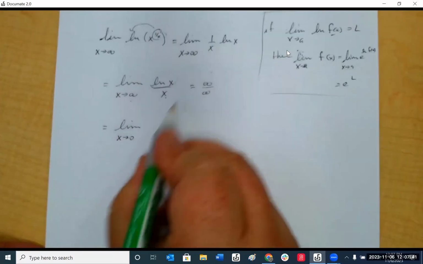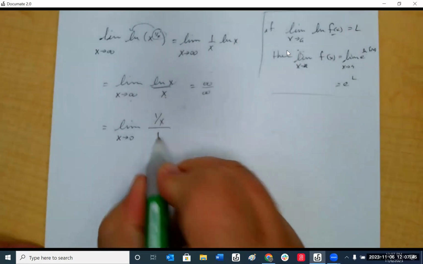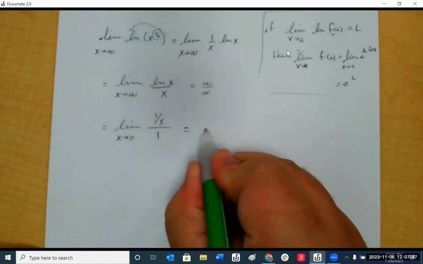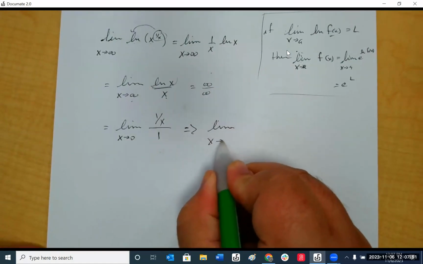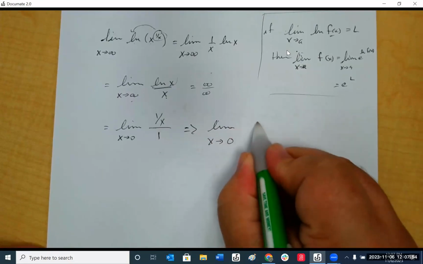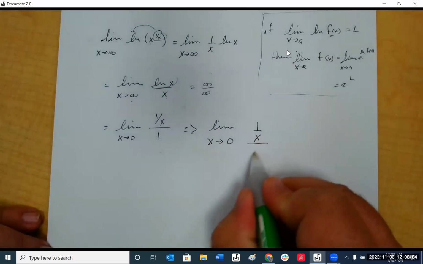Take the derivative of ln x, which is 1 over x, over the derivative of x, which is 1. That gives us the limit as x approaches infinity of 1 over x over 1.